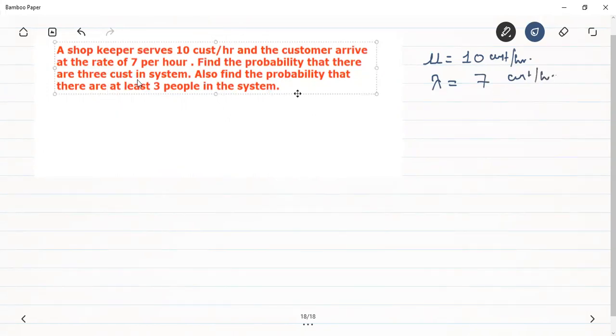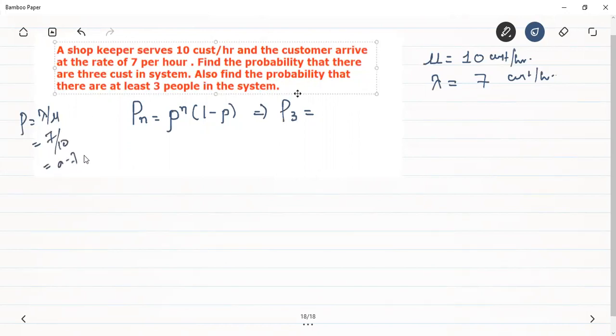Find the probability that there are 3 customers in the system. हमने अभी देखा कि probability that there are n customers in the system is given by rho raised to the power n times 1 minus rho. Therefore, here n is equal to 3, and rho is equal to lambda by mu. अब दोनों के यूनिट सेम हैं, ऊपर भी कस्टमर पर आवर है, यहाँ पे भी कस्टमर पर आवर है, therefore we can directly take the ratio that is equal to 0.7.